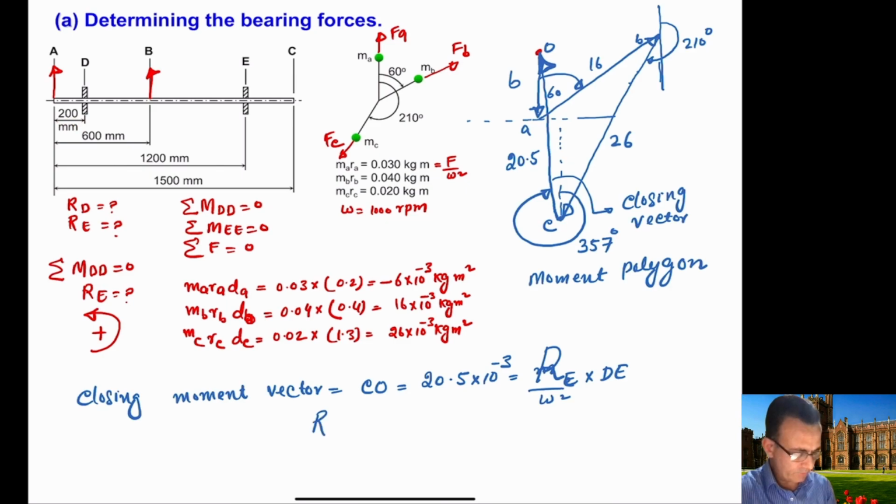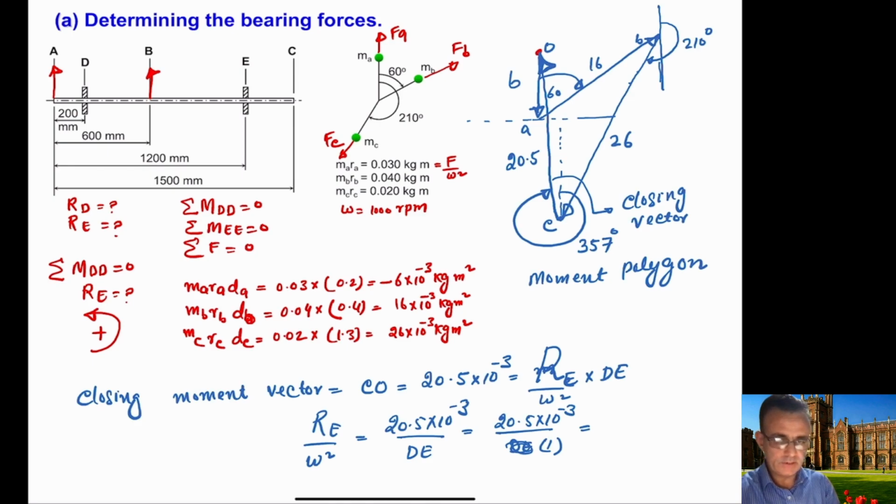So here what you can calculate is RE divided by omega square, which is 20.5 × 10⁻³, divided by DE, and this DE is 1000 millimeter.